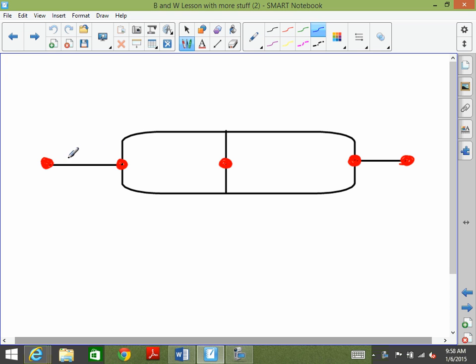So if we look, this first whisker right here represents 25%. The first part of the box right here represents 25%. The last part of the box represents another 25%, and this final whisker right here represents 25%.